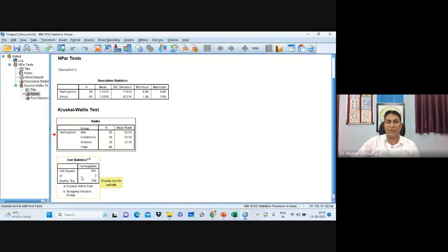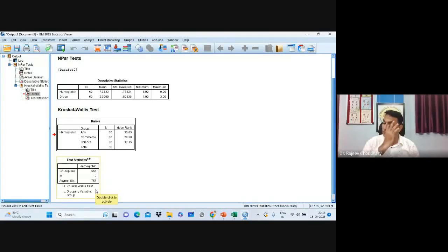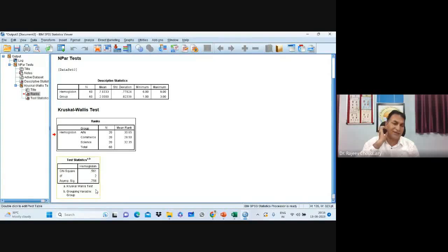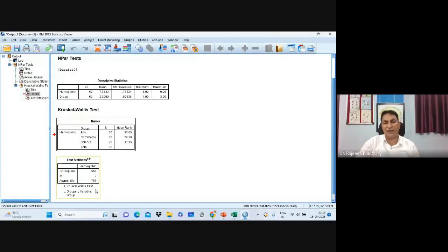The chi-square output is 0.561, and the significance value is 0.75. Since this value is higher than 0.05, there is no significant difference. Is it okay? Yes, sir.